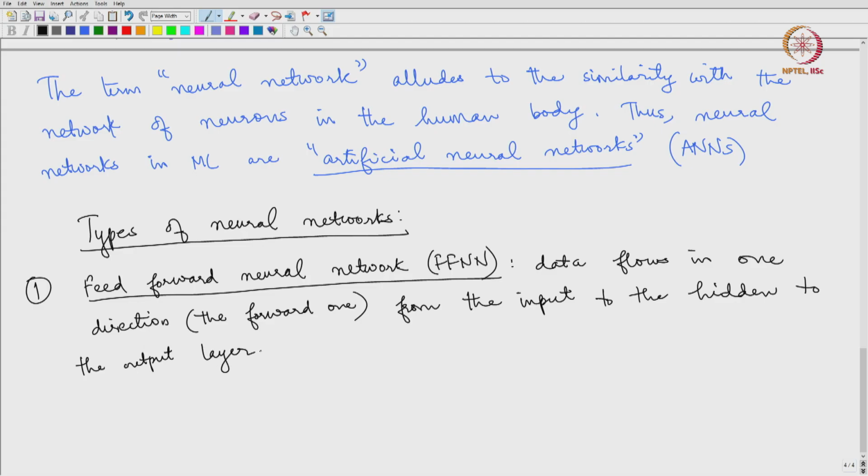These feed forward neural networks are used for simple or basic regression and classification problems.